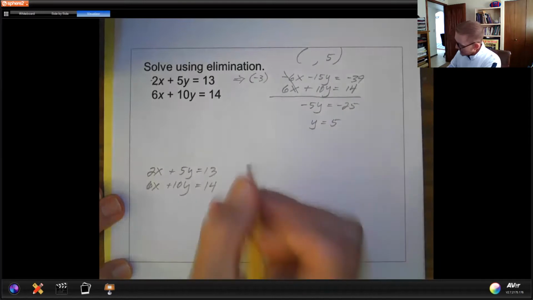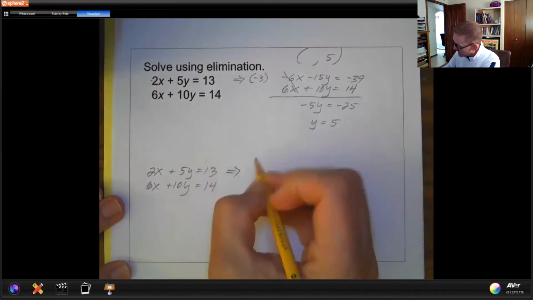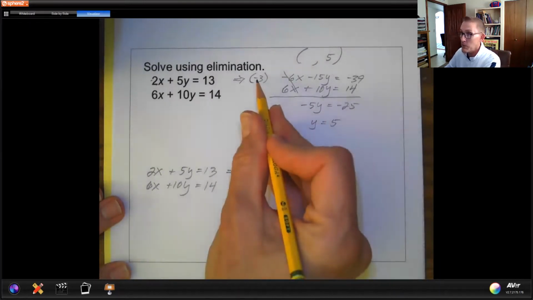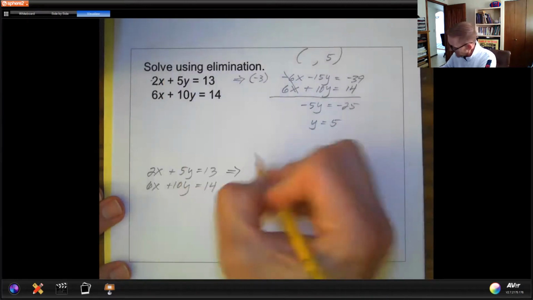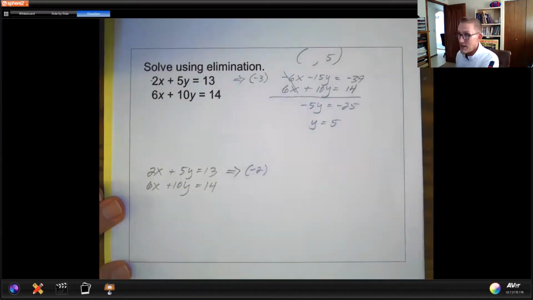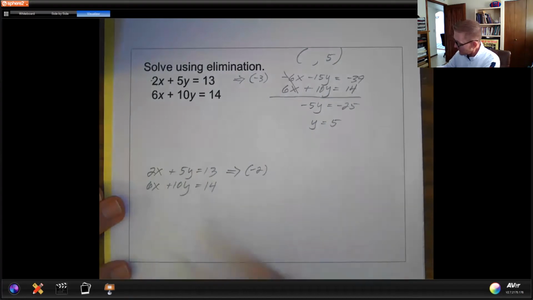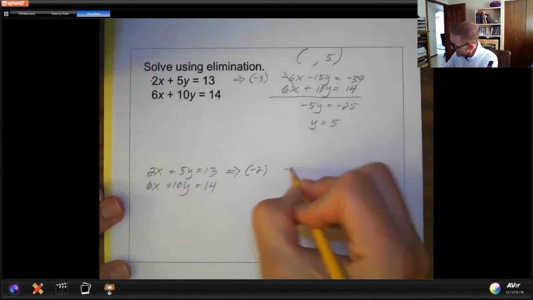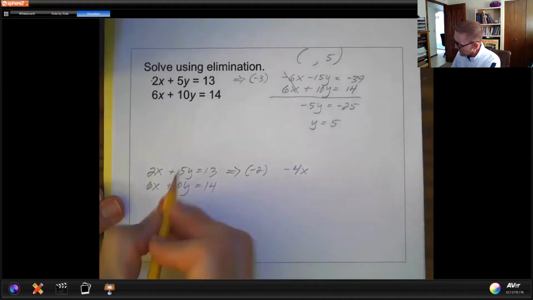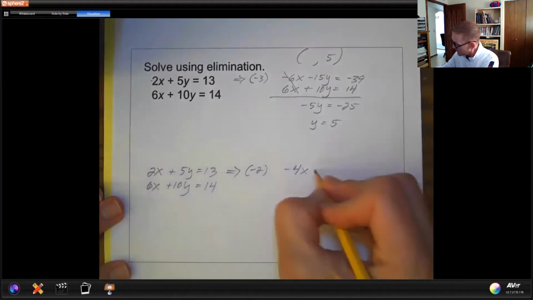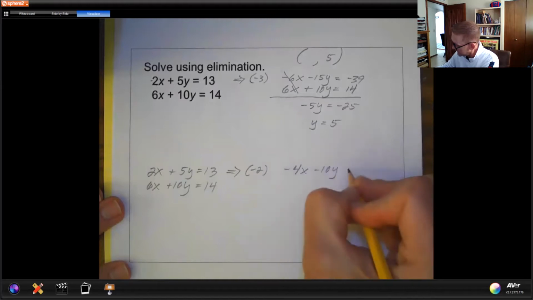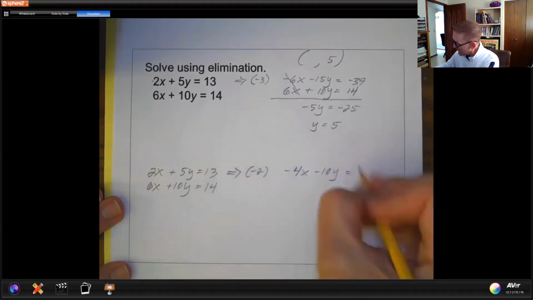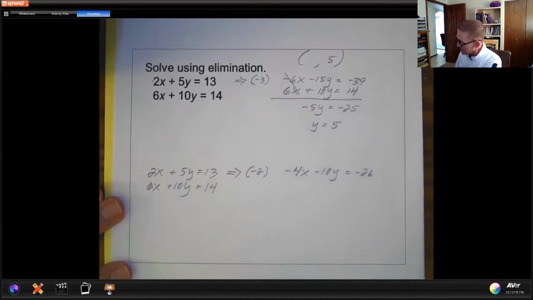I am now going to take this top equation, and instead of multiplying it by -3, because that would cancel out the x's, I'm going to multiply it by -2, because that'll cancel out the y's. So 2x times -2 is -4x. 5 times -2 is -10y. 13 times -2 is -26.